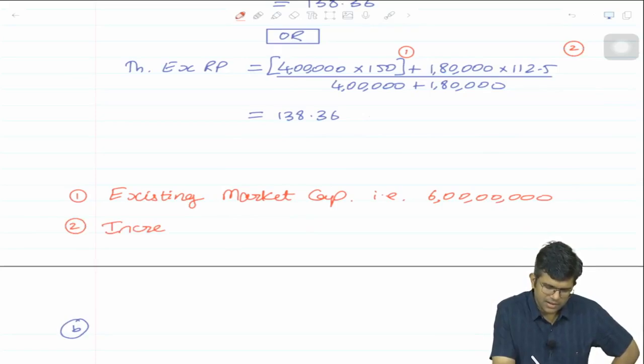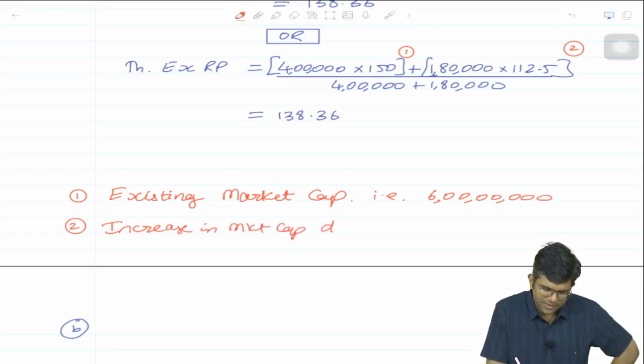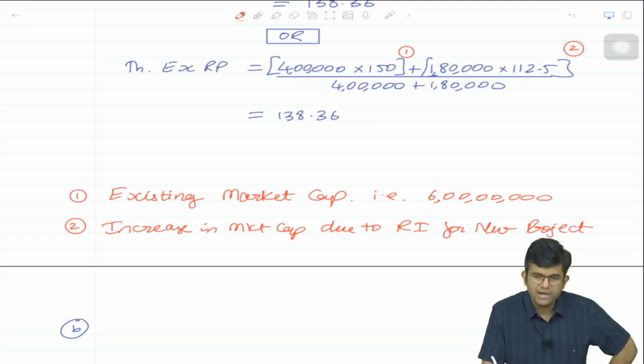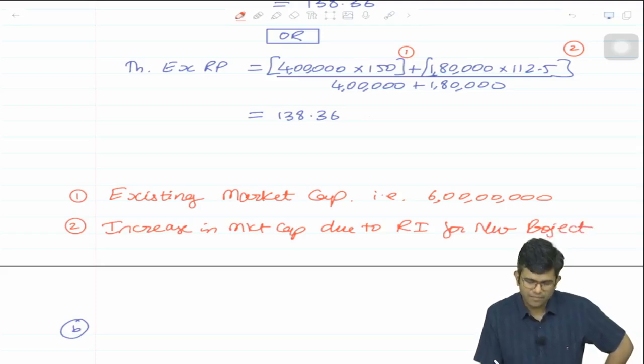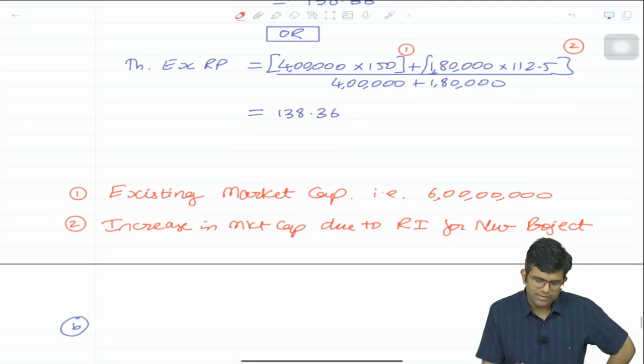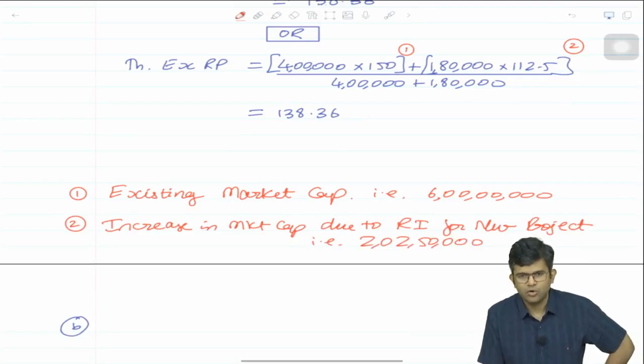Increase, I'll put a bracket here. This is increase in market cap due to rights issue for new project. Story clear till here? Now, that number is 2 crore 2 lakh 50,000.